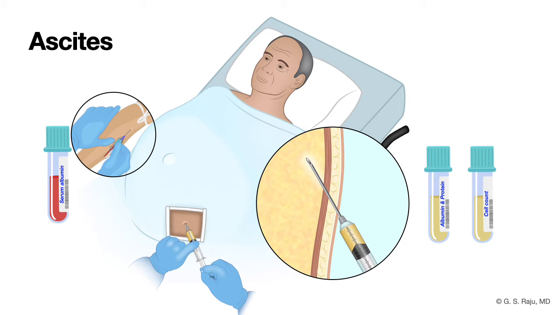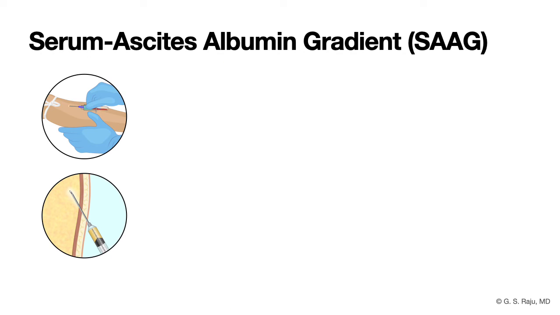So now let us talk about how you calculate the serum ascites albumin gradient, or SAAG. Let us do a little bit of calculation using a hypothetical case. So here is a patient.